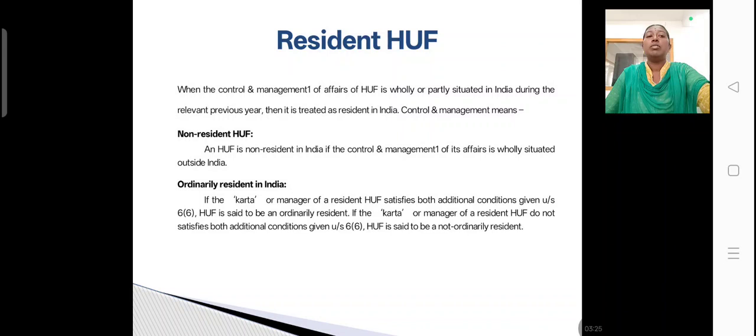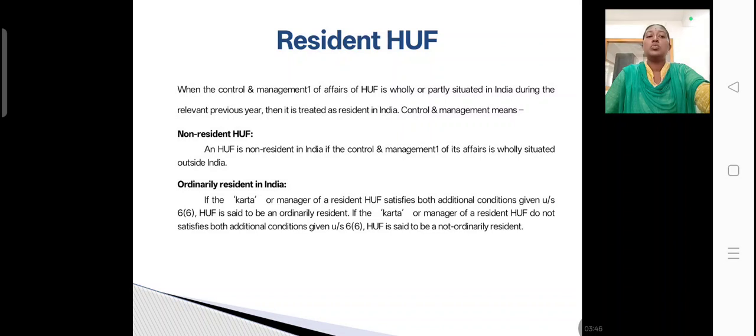Resident HUF: when the control or management of the affairs of the Hindu undivided family is wholly or partly situated in India during the relevant previous year, then it is treated as resident in India.